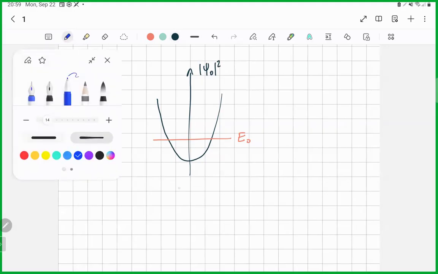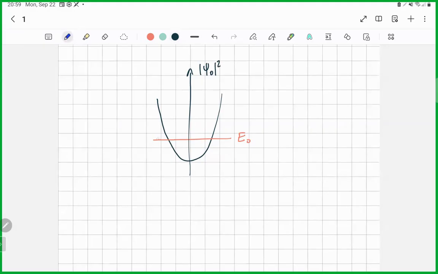The ground state is the most quantum scenario. So this was our potential. Let's call this the energy of the ground state. And if we make that plot for the probability density of the ground state, we have something like this with a tail.